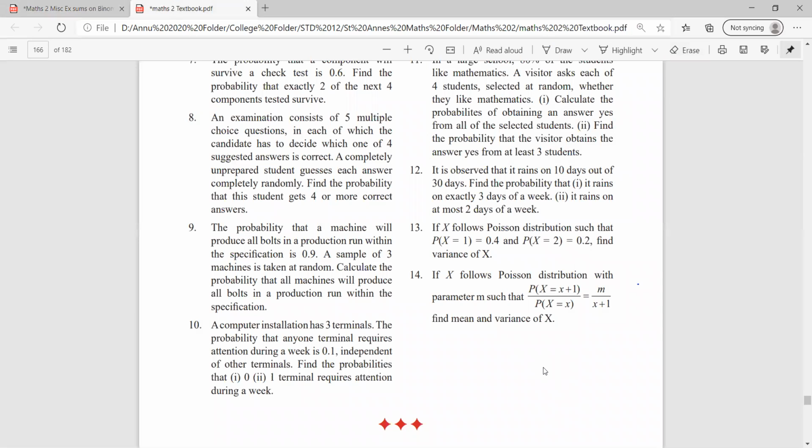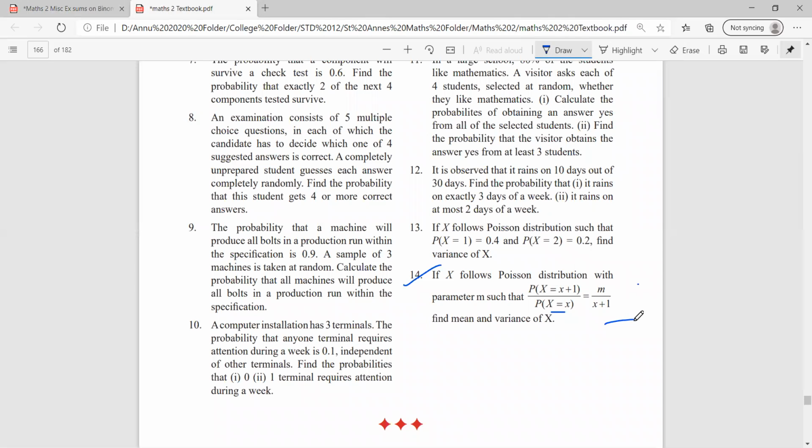Moving on to the next sum, sum number 14. If x follows Poisson distribution with parameter m such that probability of x is equal to x plus 1 divided by probability of x equals x, which is given to me as m upon x plus 1, they are telling me to find out the mean and variance of x.